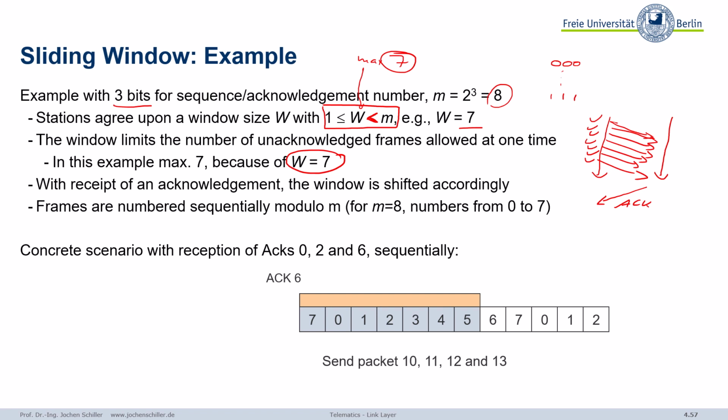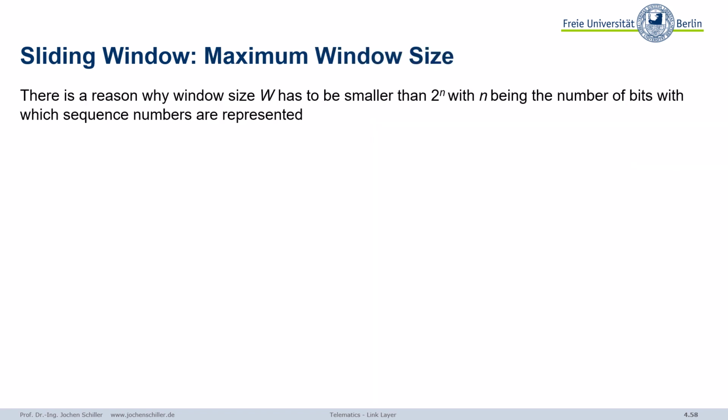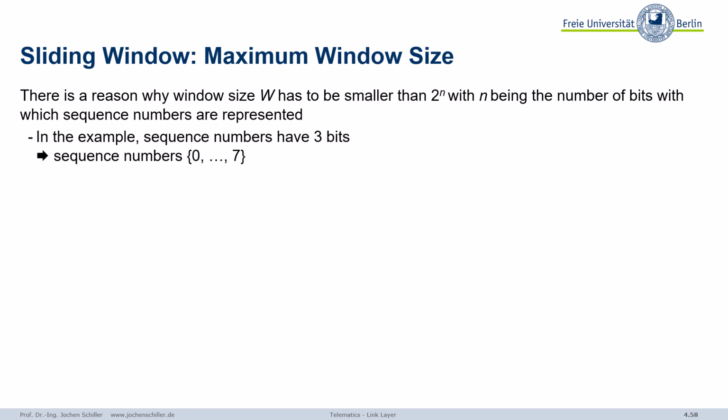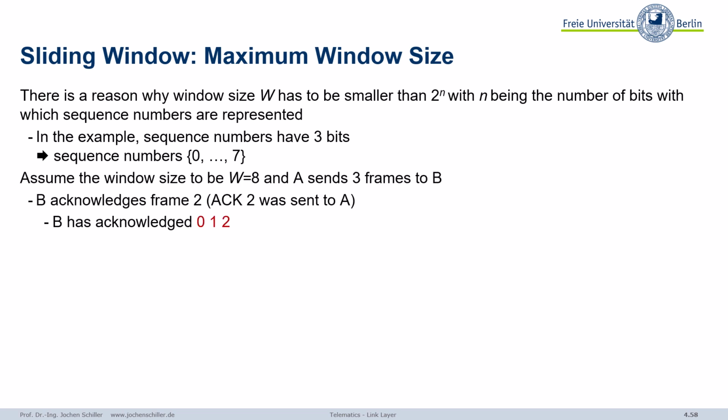So why is the maximum window 7 in this case and not 8, 9 or 10? That this is too large, I think is quite obvious. But why is the window size really smaller than 2 to the power of n with n bits? Well, in our example with 3 bits, that gives us the sequence numbers 0 to 7, and we reuse them. Now let's assume window size is 8, which is illegal, but just let's assume it.